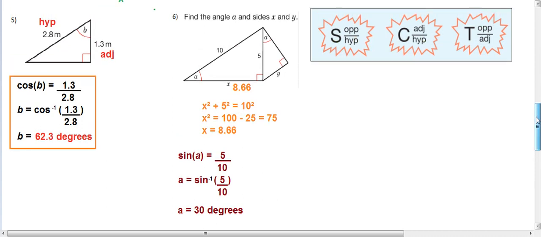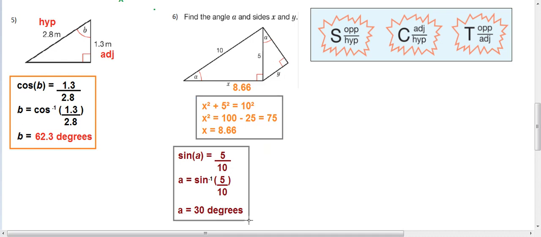Alpha equals 30 degrees. So we had the first step here in which we found one side, x, using Pythagoras. We had the second step here in which we found the angle. And now let's figure out y. We know that here is 30 degrees, because this angle is equal to this one.